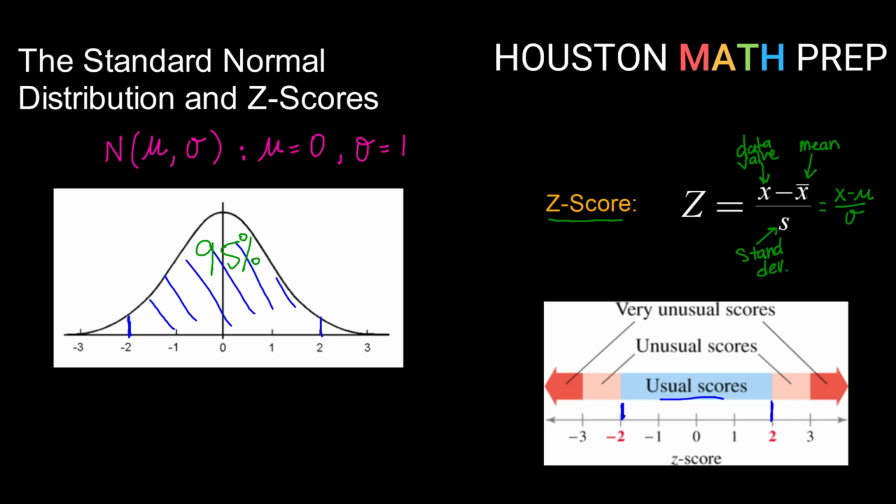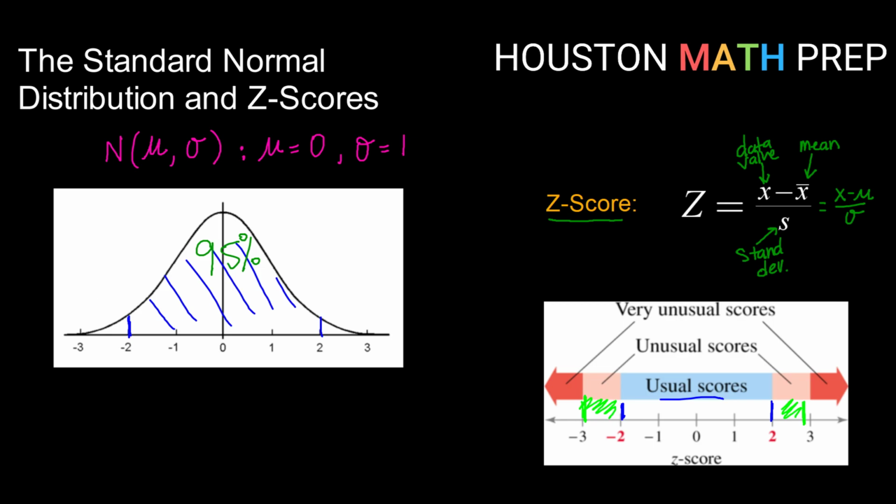When we get above and below that, when we start to extend down to 3 standard deviations below or 3 standard deviations above, so getting a z-score between -2 and -3 or 2 and 3, those start to become unusual.